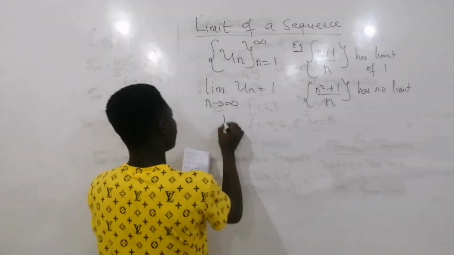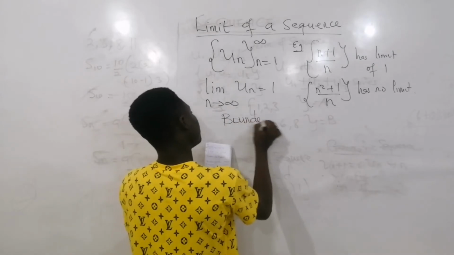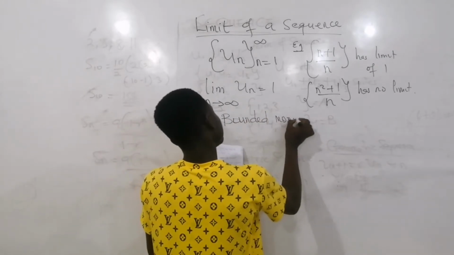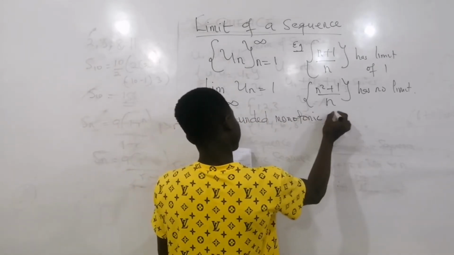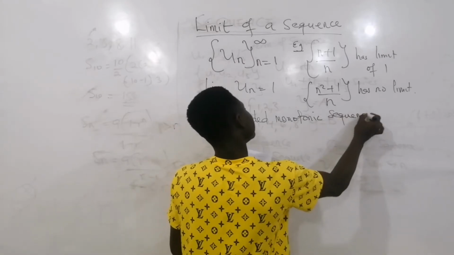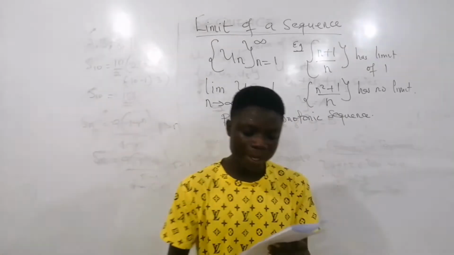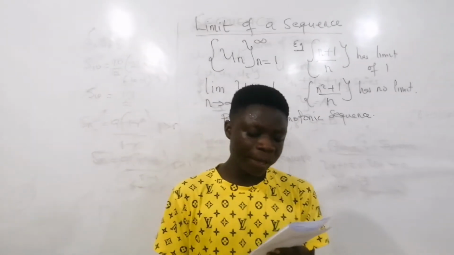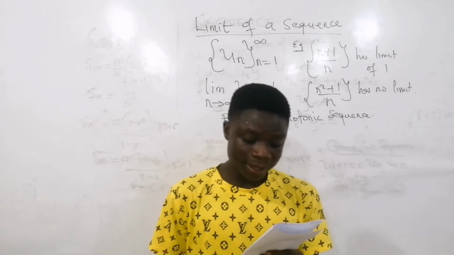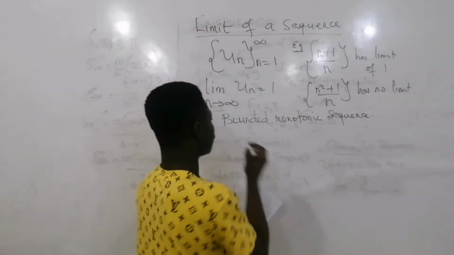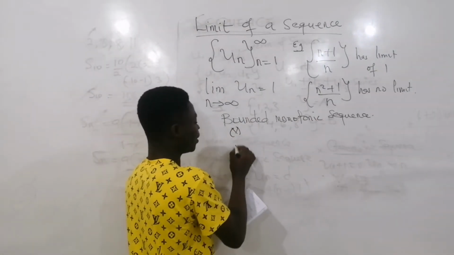A bounded monotonic sequence. When we talk about a bounded monotonic sequence, a sequence un is said to be bounded above if there exists a constant capital N. So we have capital N and small n.